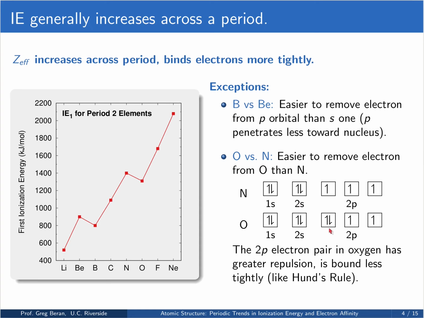This means that the first paired electron in the 2p orbitals in oxygen is going to be a little less favorably bound. It's going to experience a little more repulsion with the other electrons. And therefore, it's going to be slightly easier to remove that electron than it is to remove one from nitrogen. And that's why we see this second dip in the ionization energy trend across the period.